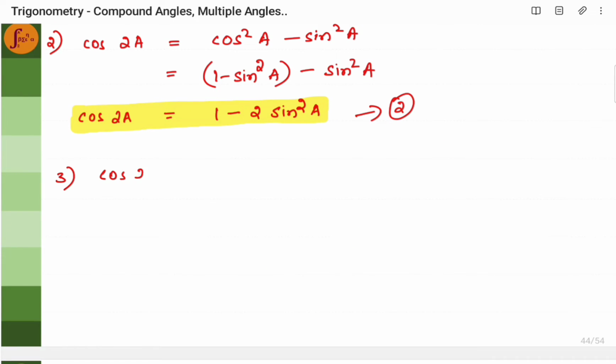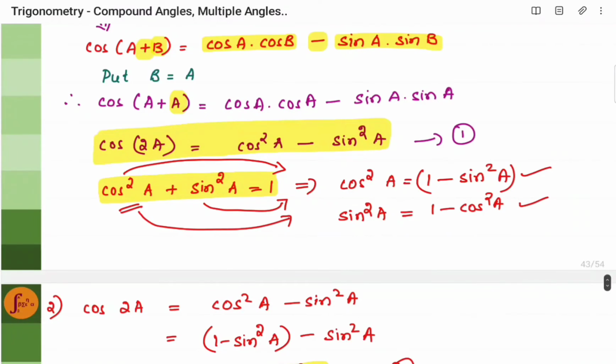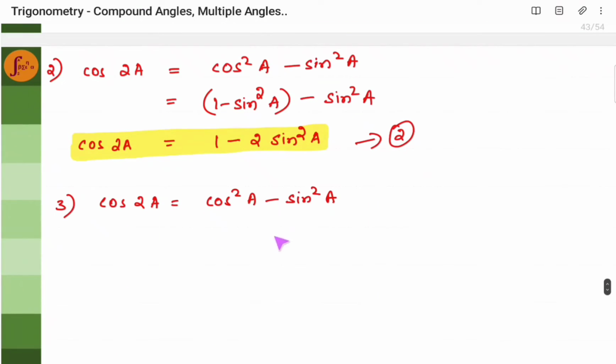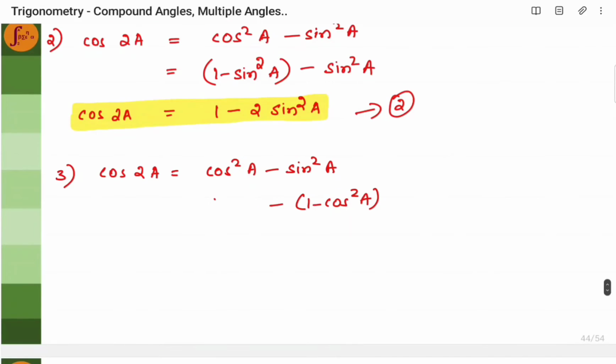For the third formula, we'll substitute sin square A. What is sin square A? Sin square A is 1 minus cos square A. Now, instead of sin square A, I'll put 1 minus cos square A, substituting it in this particular expression, and I'll just leave cos square A as it is.